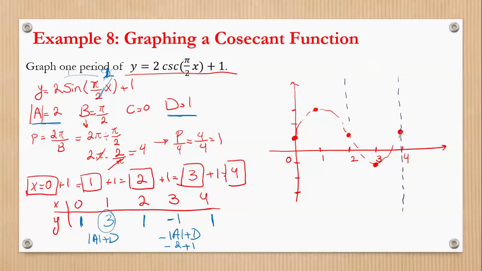But now, since we have a vertical shift, they are no longer x-intercepts, but we can still graph asymptotes from these points. And after graphing asymptotes, since I have the highest point here, I can have a curve here and a curve here. And that's the graph of cosecant.